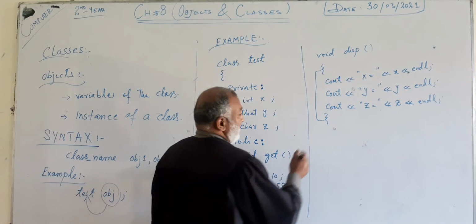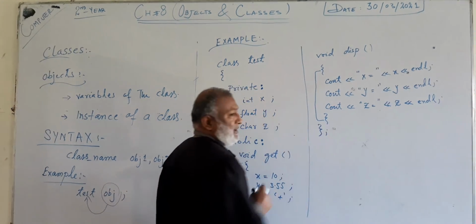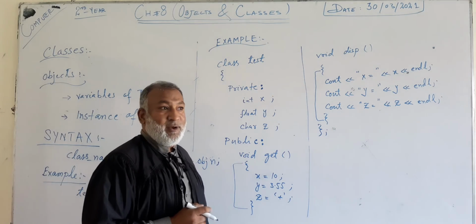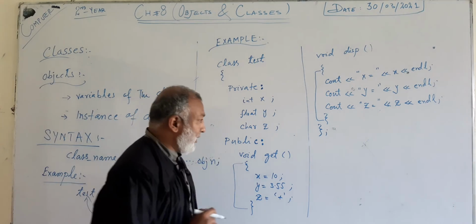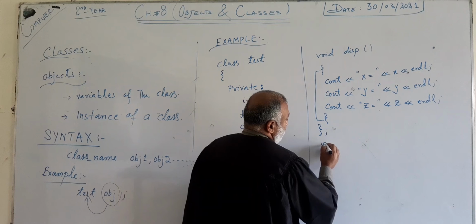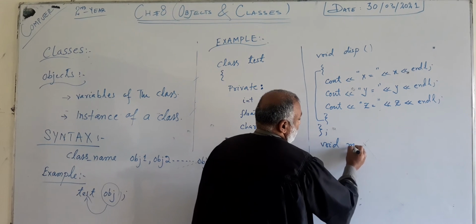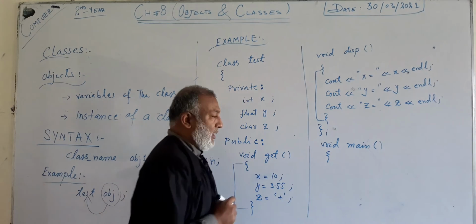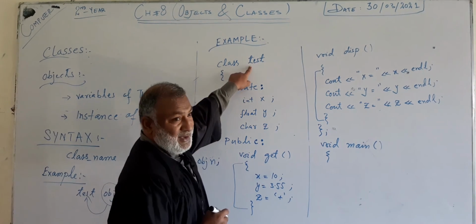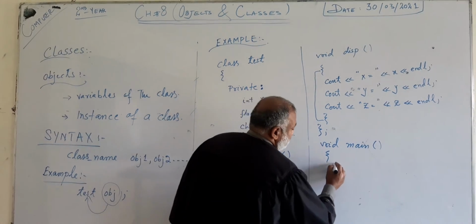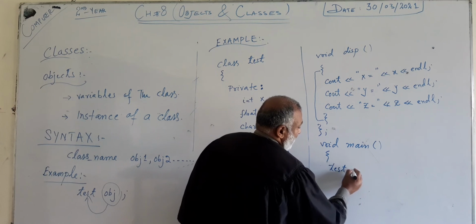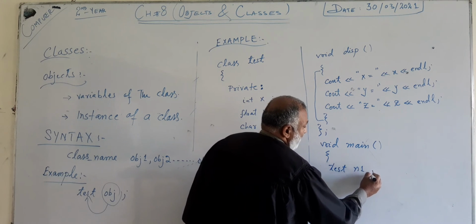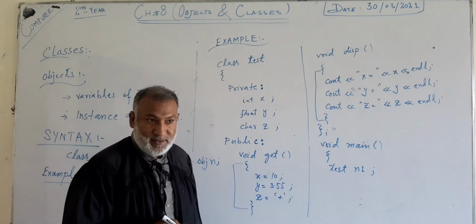Objects are created inside the main function, the main body. So here we create the main function body, and the name of the class is Test, and I create an object n1 of this class.